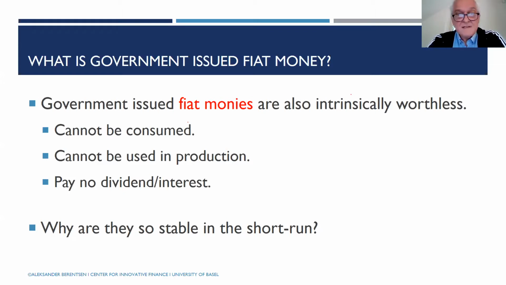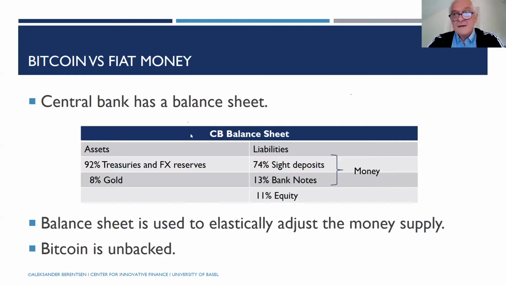So what is the stability mechanism? The stability mechanism, again, is based on the balance sheet. We looked already at this balance sheet, so I'm not going to explain it again. At the end of the day, what central banks do, and that's called open market operations, or even QE, is they produce more money and buy assets.